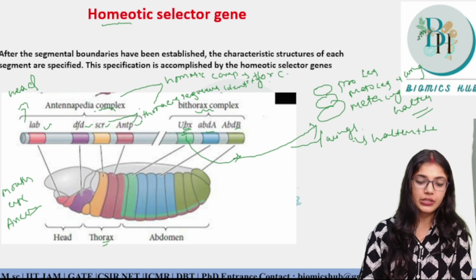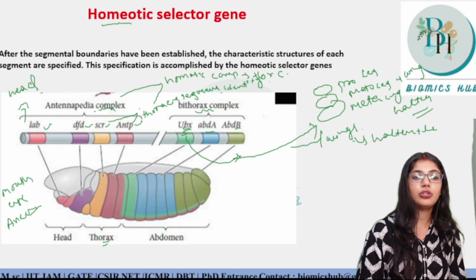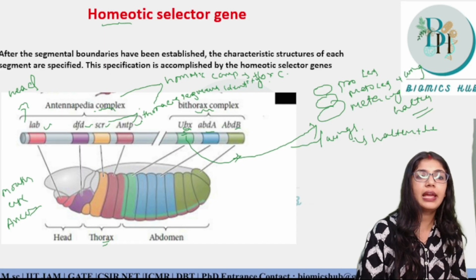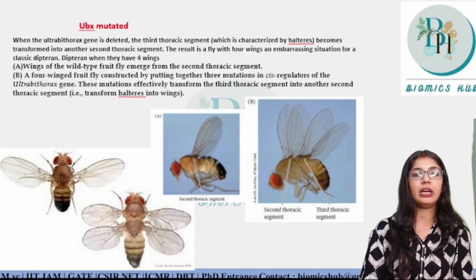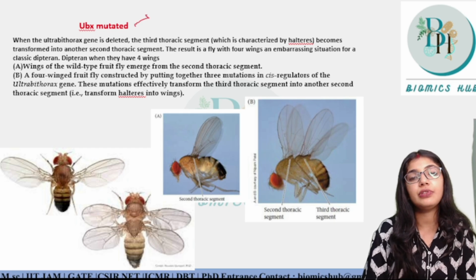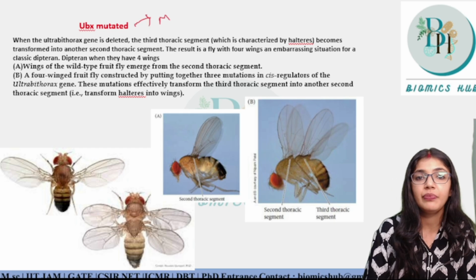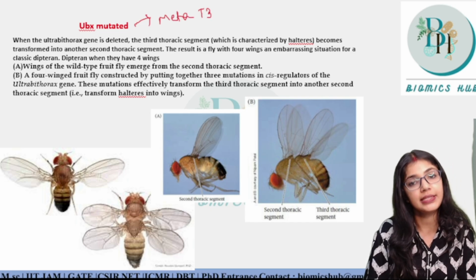Now we will discuss what the condition will be if there is mutation of these genes. At first, we will see what happens if there is mutation of the ultrabithorax. It was responsible for specifying the metathorax, the third thoracic segment, that is the T3 segment.